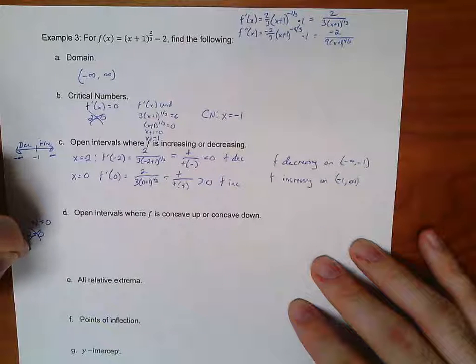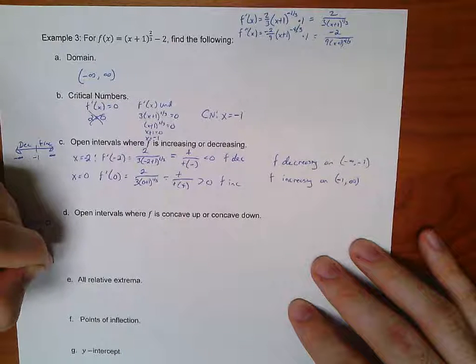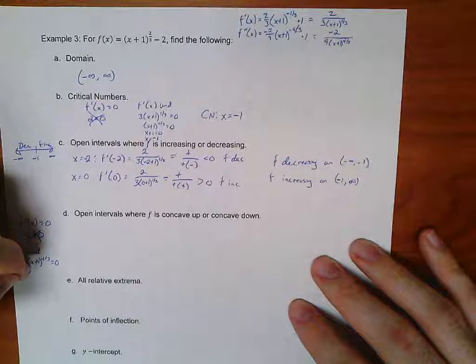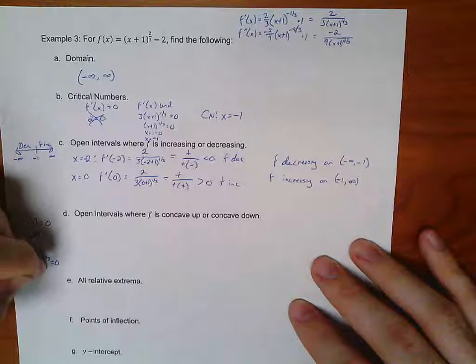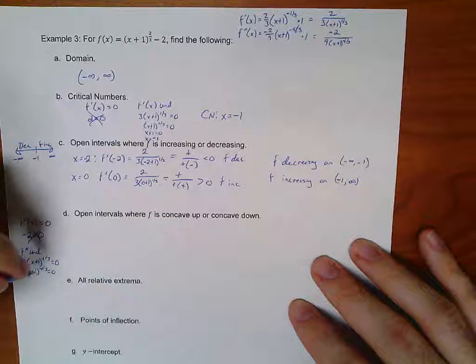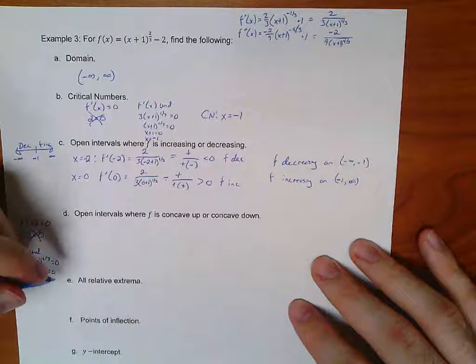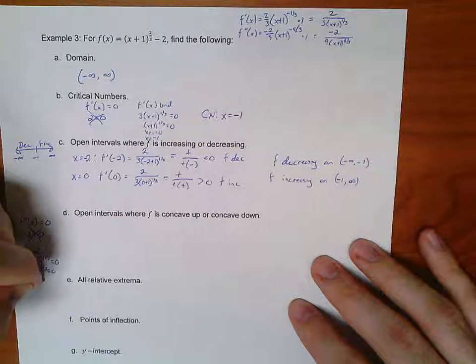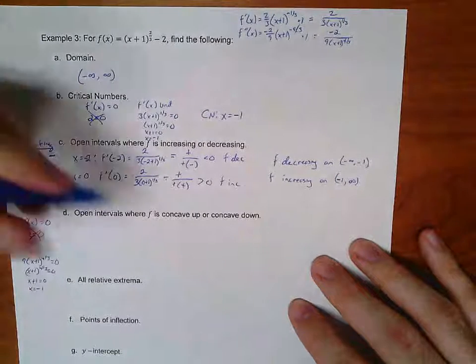It's undefined whenever the denominator, 9 times (x plus 1) to the 4/3 power, equals 0. Divide by 9 on both sides, so (x plus 1) to the 4/3 equals 0, and then raise both sides to the 3/4 power to undo the 4/3 power. So we get x plus 1 equals 0, x equals negative 1 again.